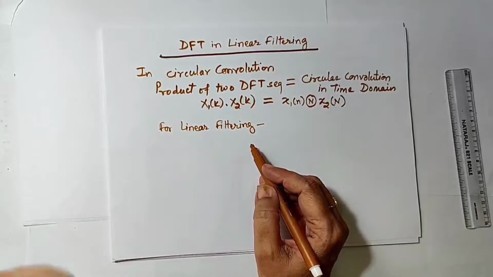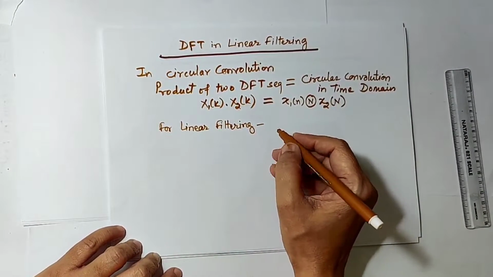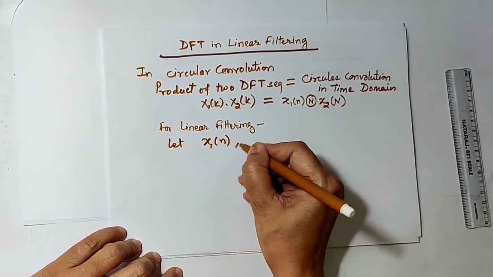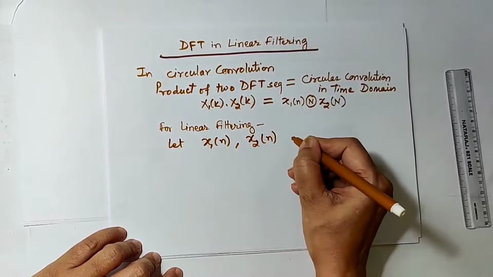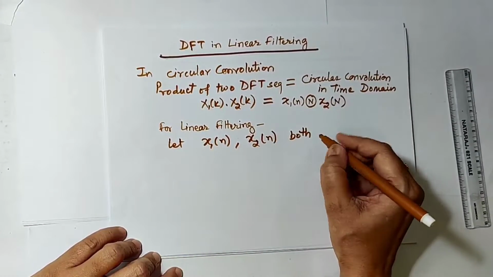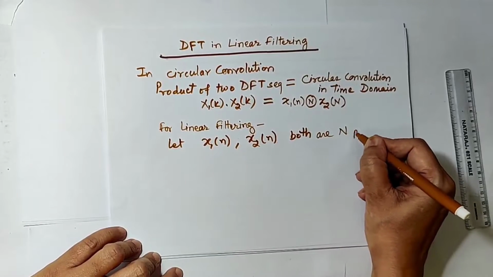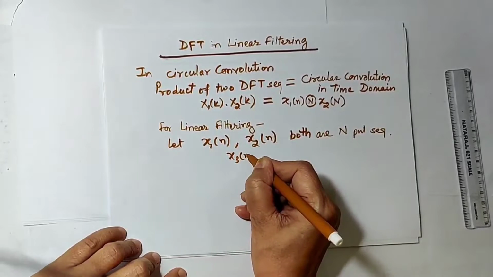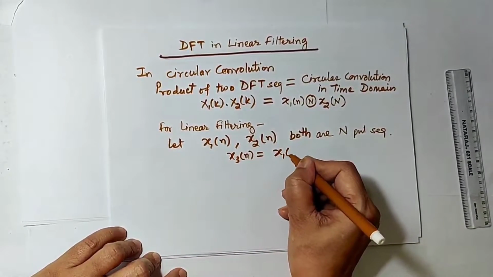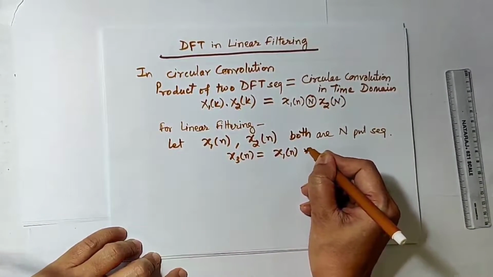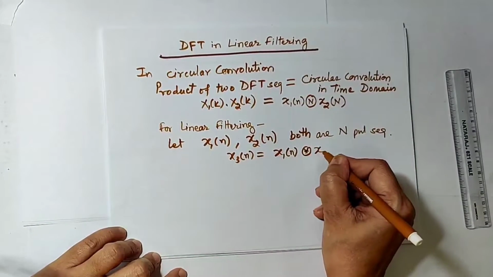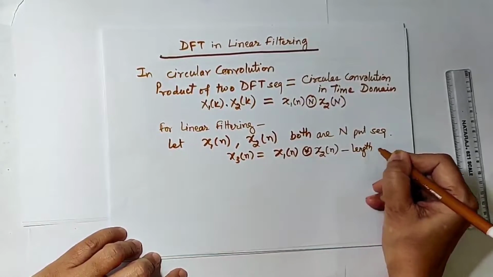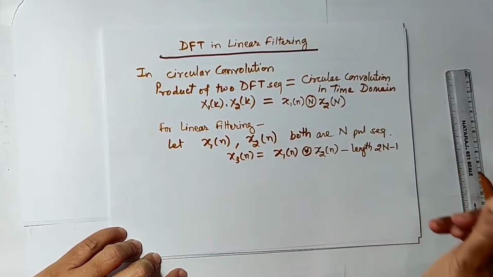So what we are doing here in linear filtering: let us consider that x1[n] and x2[n] have the same length, both are N-point sequences. Then x3[n] will be equal to x1[n] linear convolution with x2[n], so its length will be 2N minus 1.